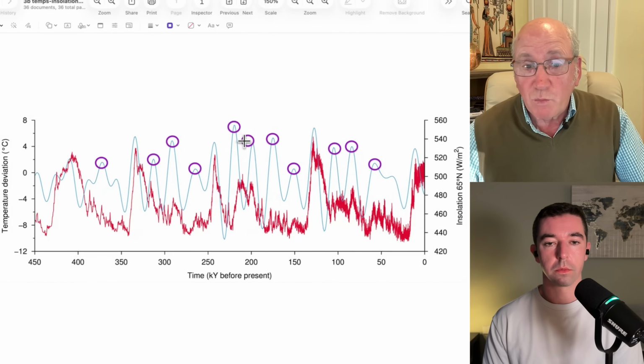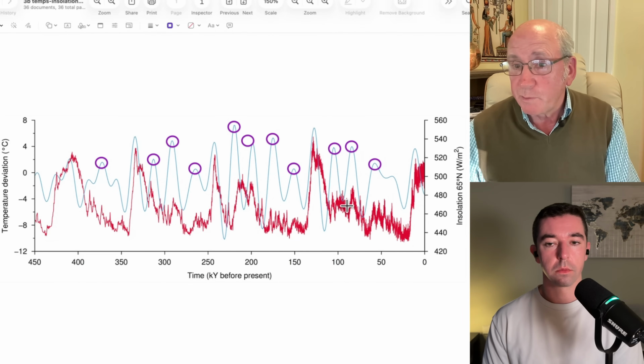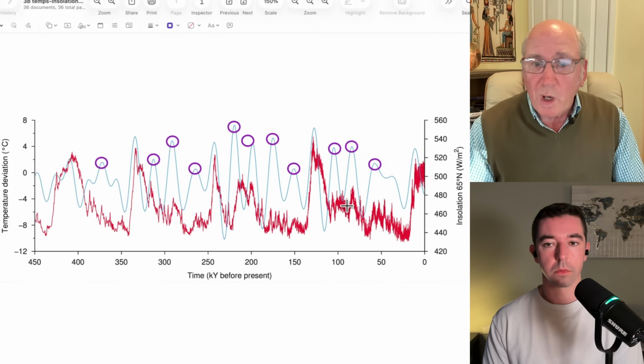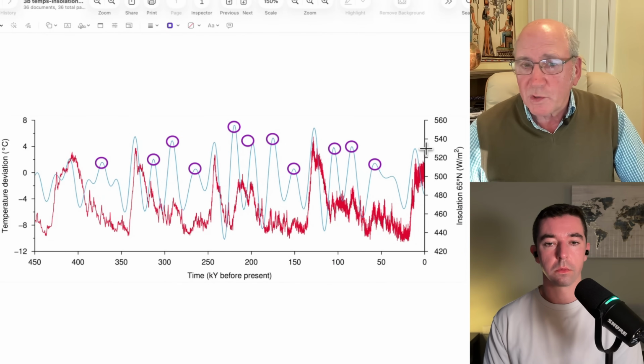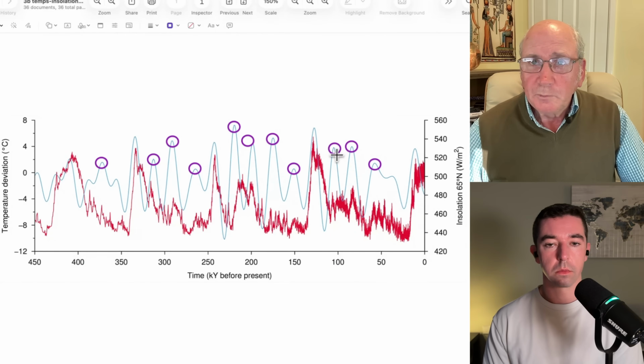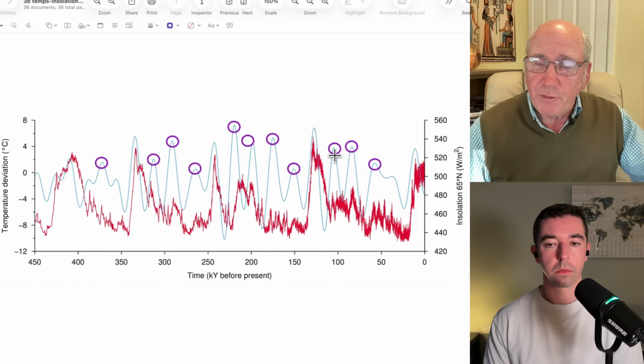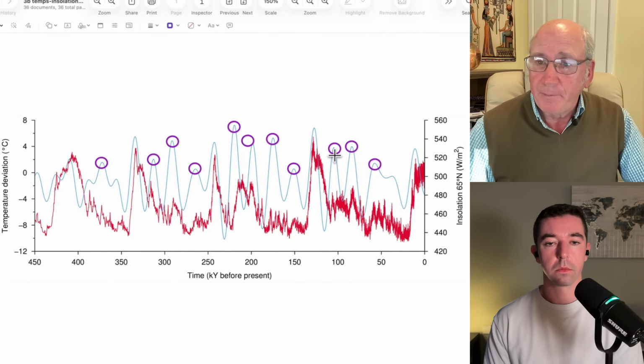And the obvious reason why we have missing ones is because we've got lots of ice. Bright white ice all over the Northern Hemisphere will reflect all of that extra. So we've got lots of extra insolation here, lots of extra sunlight, 530 watts per square meter. But bright white ice can reflect away 90% of that.